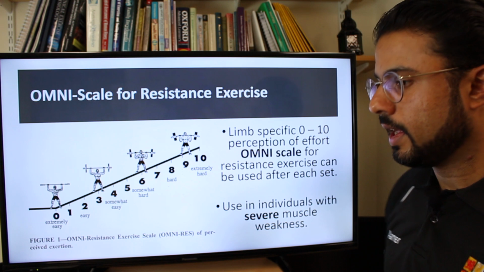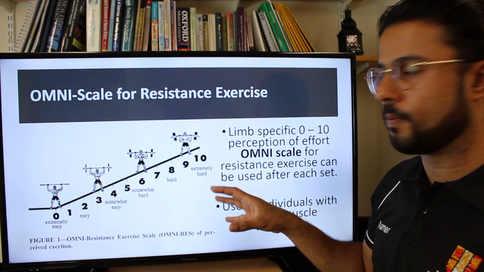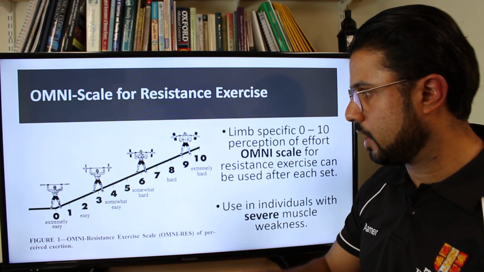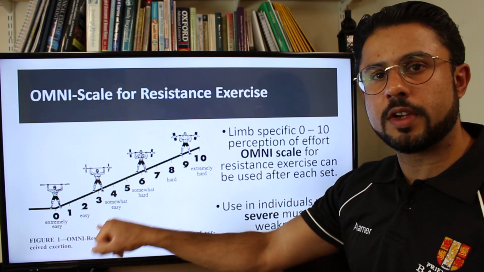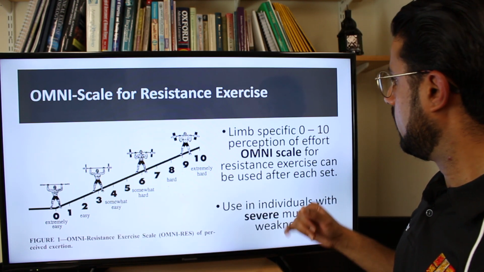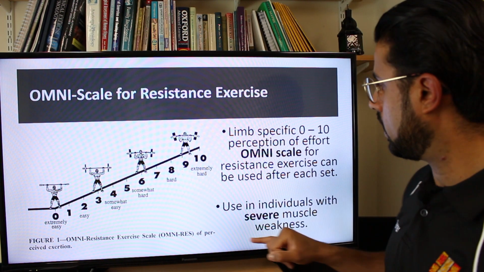For resistance exercise, there is also what we call an Omni Scale, okay, and that basically tells you, when you give the patient this tool, how difficult or easy the exercise is after a given set. It's on a scale of 0 to 10, extremely easy to extremely hard.